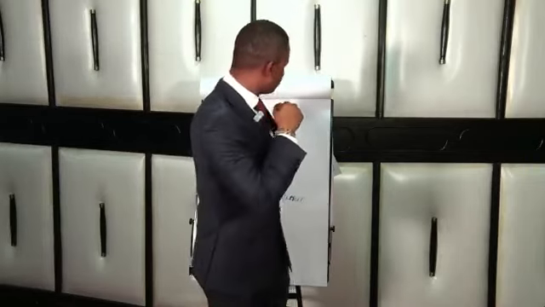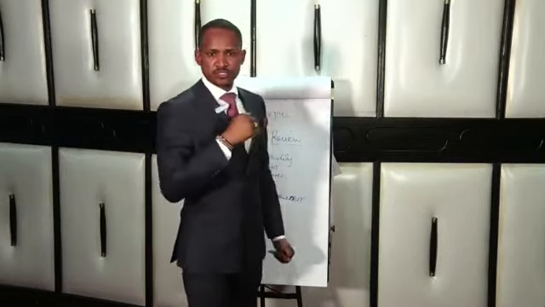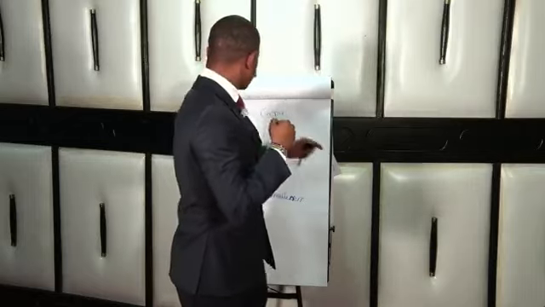For example, a student has been expelled or suspended from the university, or you've been wrongfully dismissed at work. You go to court, you seek judicial review, and you seek leave of the court.